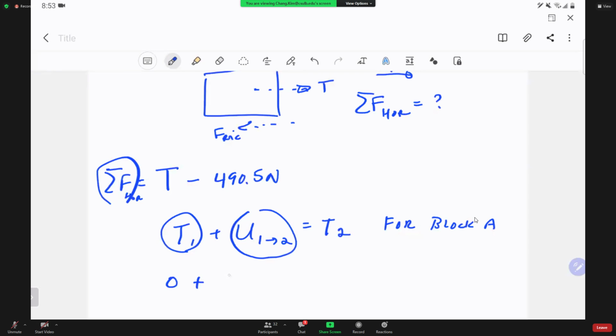So in this case, you have to be a little bit careful. Tension is to the positive and the block is moving to the positive. So your force vector and the position vector are moving in the same direction, and that's positive.